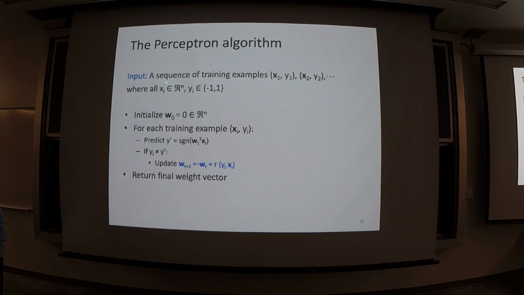We assume that every input vector belongs to an n-dimensional input space, and our output is binary, either -1 or +1. To train a linear classifier with perceptron, we first initialize the weight vector to be 0. This is important. We need to initialize it as 0.